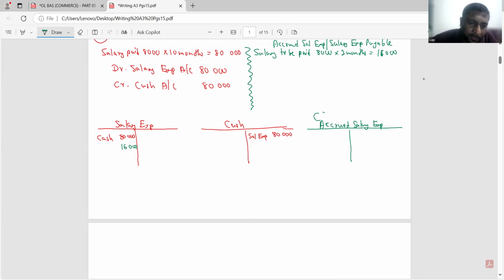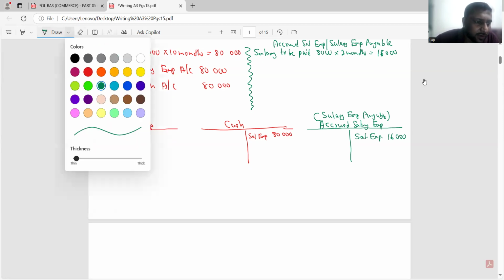If not, salary expense payable. Here debit 16,000, here credit 16,000. Why credit? It's a liability. We should pay. Accrued salary expense.